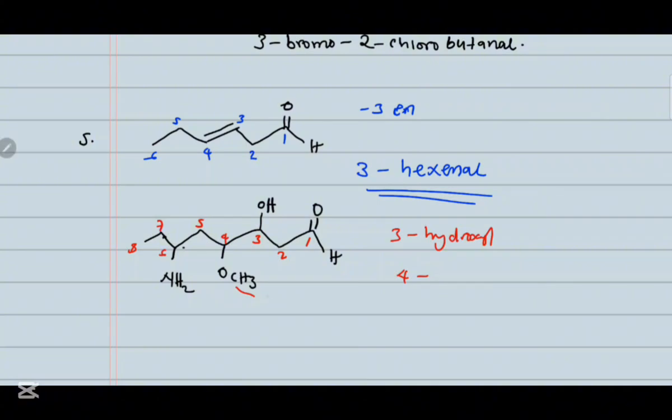So with 1 carbon it means methoxy, so it's 4-methoxy. Then 6-amino. It's an amine, so its functional group is called amino.